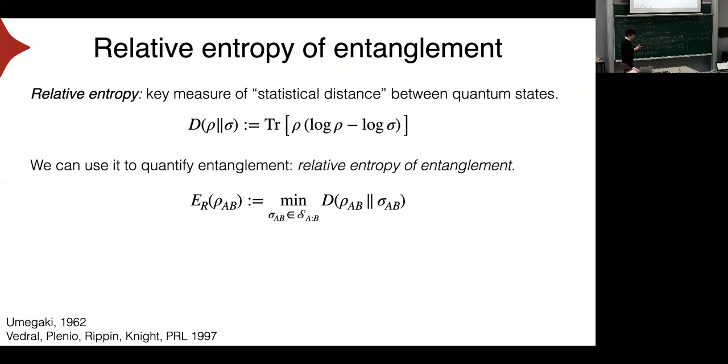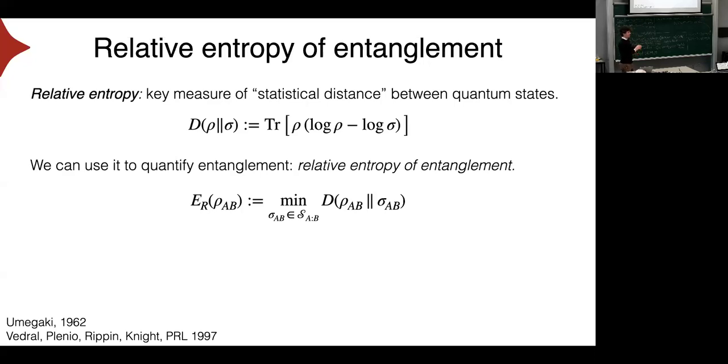Okay, so let's take a detour. Let's try to make a reasonable guess as to what the generalized Stein exponent might be. And the way to do that is, we start from the relative entropy because we know that's the right Stein exponent for the simple case. Then we can construct a measure of entanglement out of that, called the relative entropy of entanglement, by minimizing over separable states on the second argument.